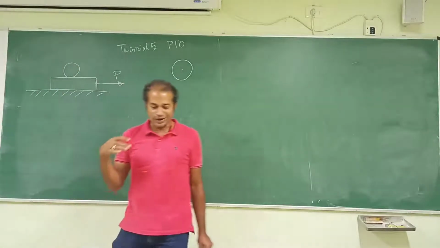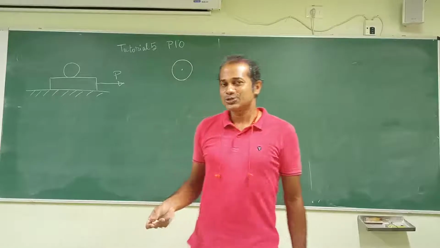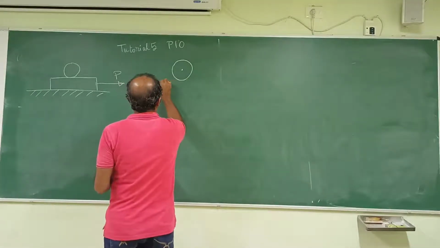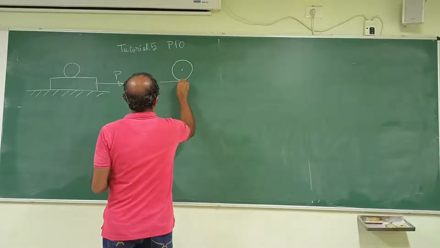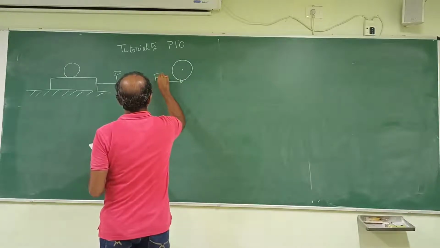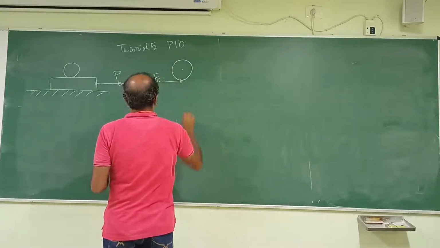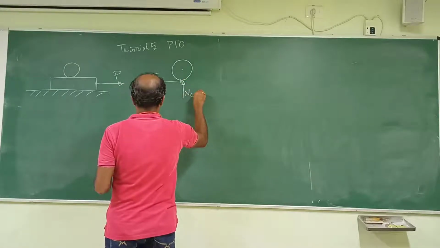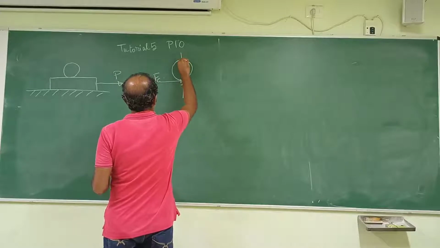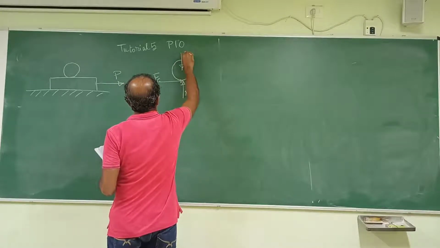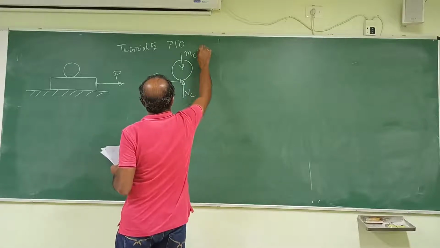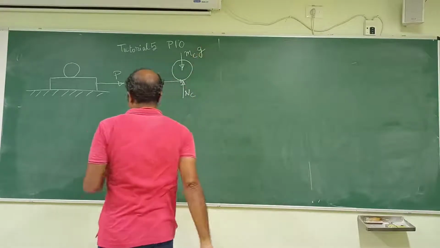So I have to decide the friction direction. For that, the friction is going to act in this way. Let's say this is the friction force for the cylinder. This is the normal reaction for the cylinder, and you have the weight m_C times g. There is no other force.